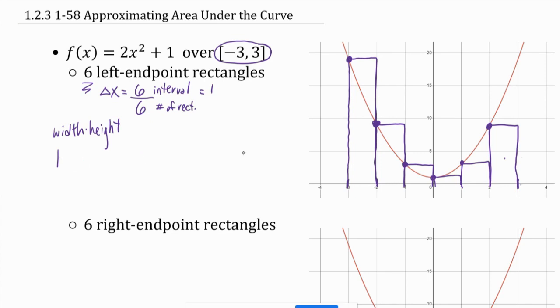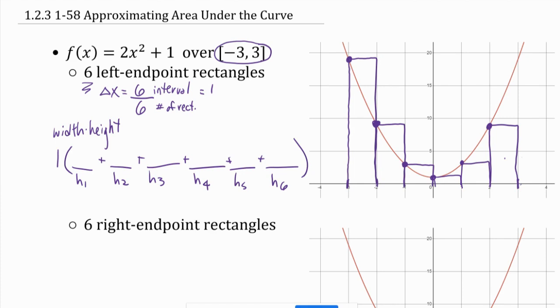We can factor out the width and then just add up the heights. So I'll call that h sub 1, h sub 2, h sub 3, h sub 4, h sub 5, and h sub 6. So I just add up all the heights and then multiply by the width on the outside. And that just saves us a little bit of time.